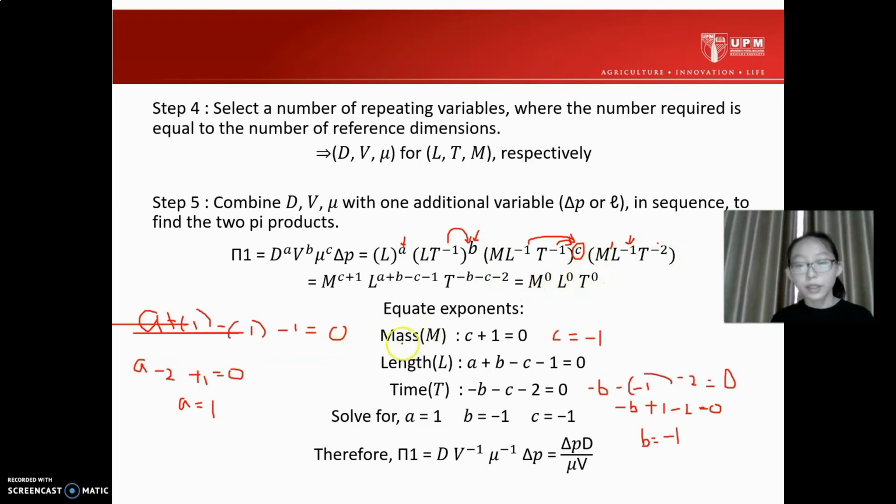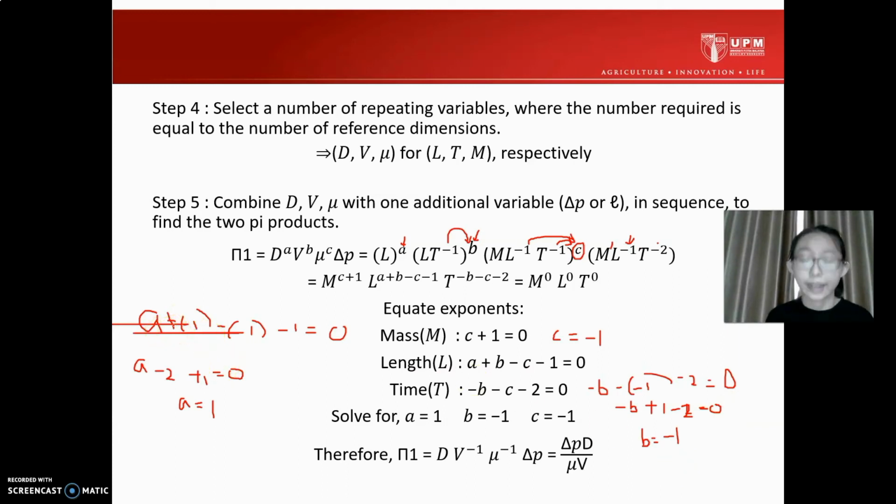For the exponent of mass, C plus 1 is equal to 0, so C is equal to negative 1. For the time, we can calculate B once we know the value of C. Negative B minus 1 minus 2 is equal to 0. Negative B plus 1 minus 2 is equal to 0. B is equal to negative 1.